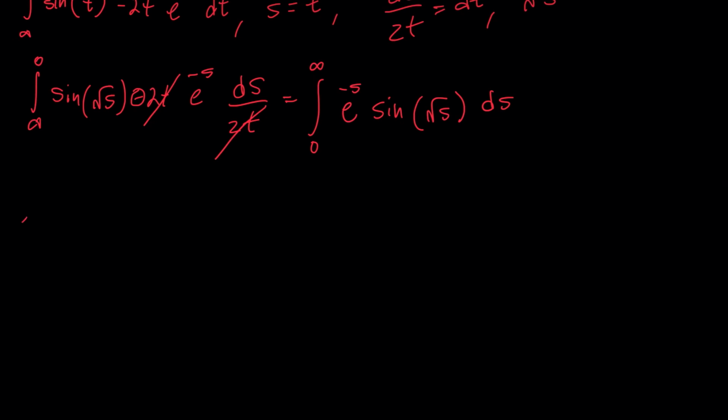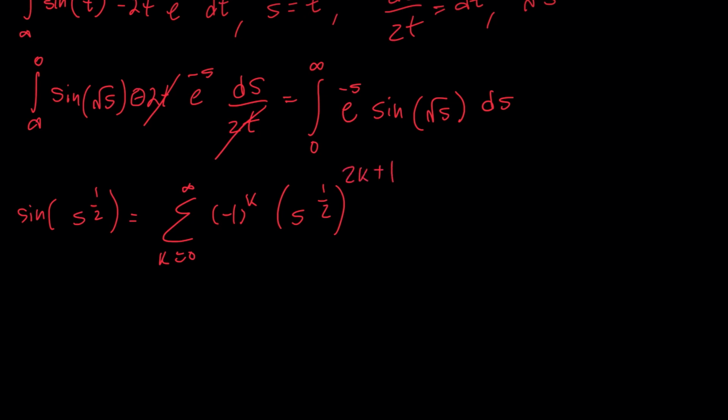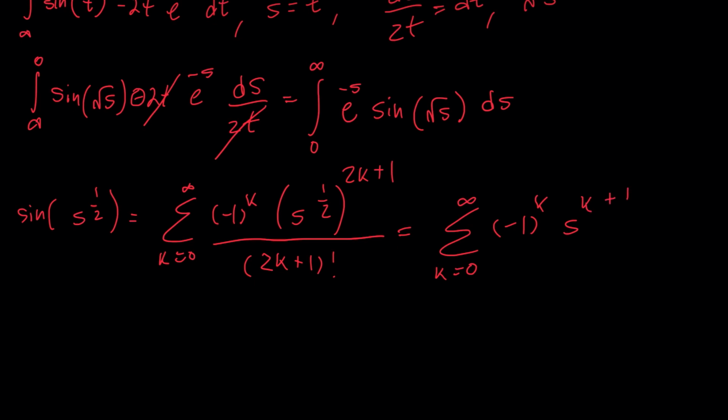But we can rewrite sine of s to the 1 half as the sum from 0 to infinity of negative 1 to the k, s to the 1 half to the 2k plus 1 power over 2k plus 1 factorial. So we're going to have the sum from 0 to infinity, negative 1 to the k, s to the k plus 1 half over 2k plus 1 factorial.